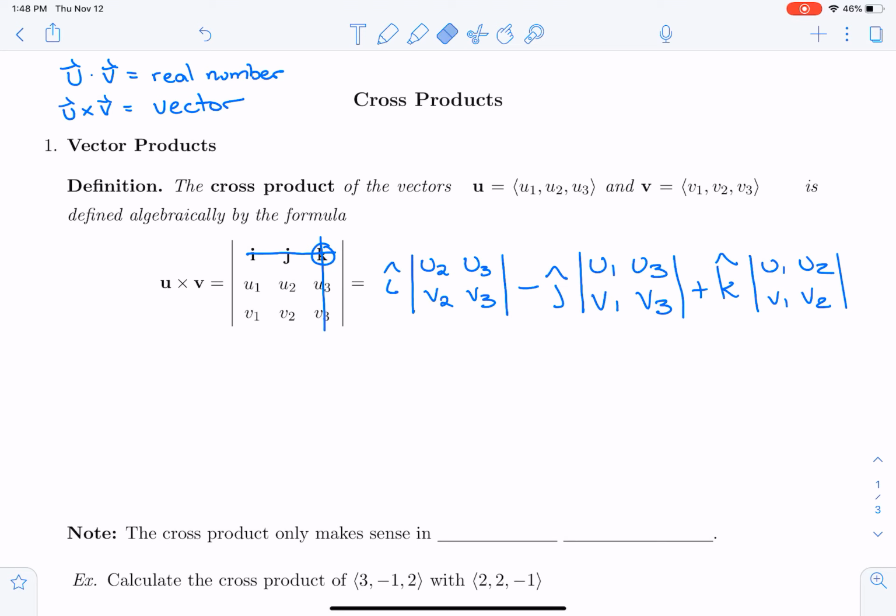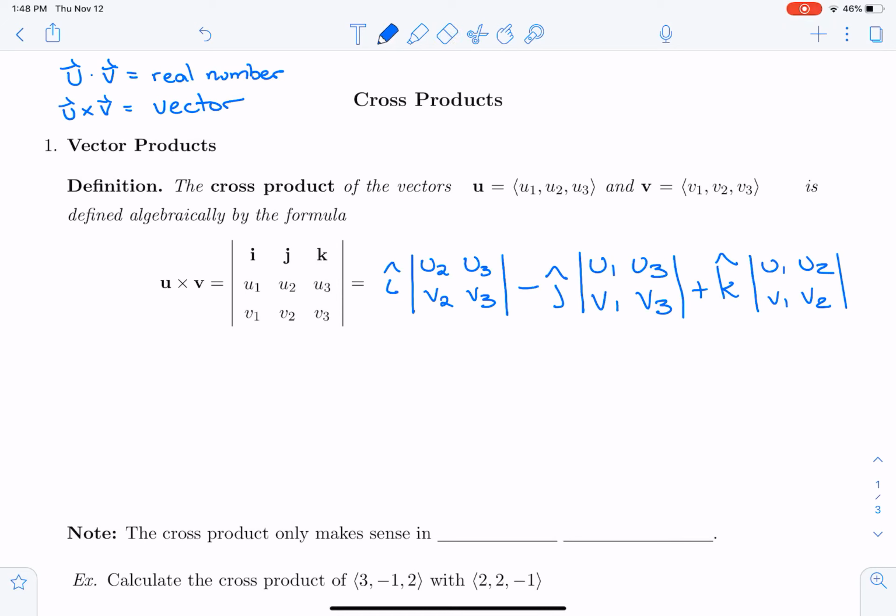Now this idea can actually be done with any row or any column. I could have used these three entries and crossed out this row and this column, or that row and that column. So you can do it using any row or any column.